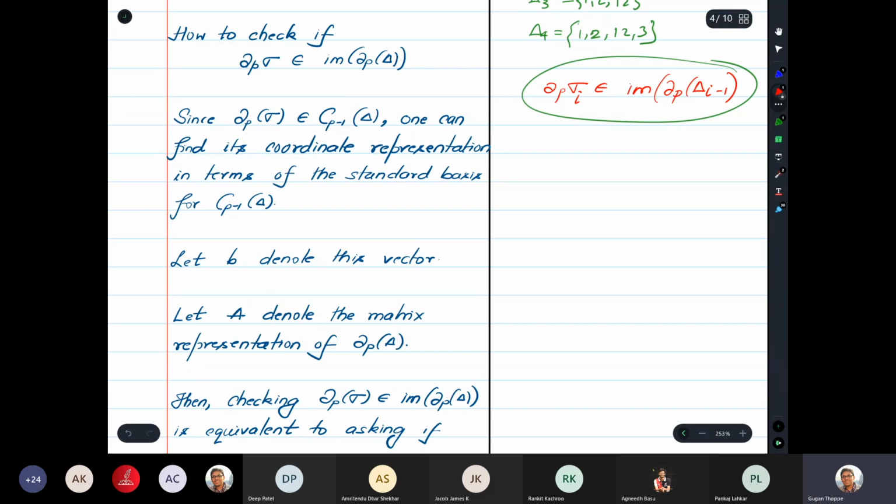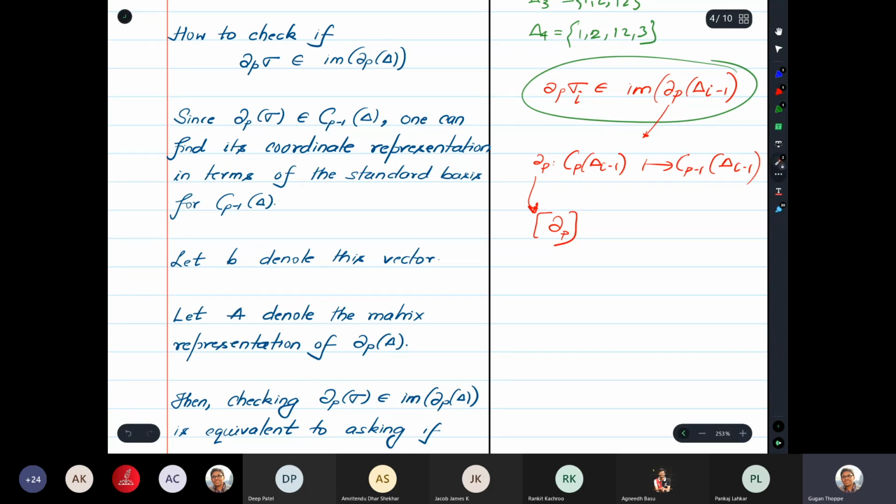So as Jacob pointed out, this ∂p will go from Cp of delta i minus 1 to Cp minus 1 of delta i minus 1. So this is a vector space homomorphism. So this is a linear map, and I can talk about the matrix representation for this.